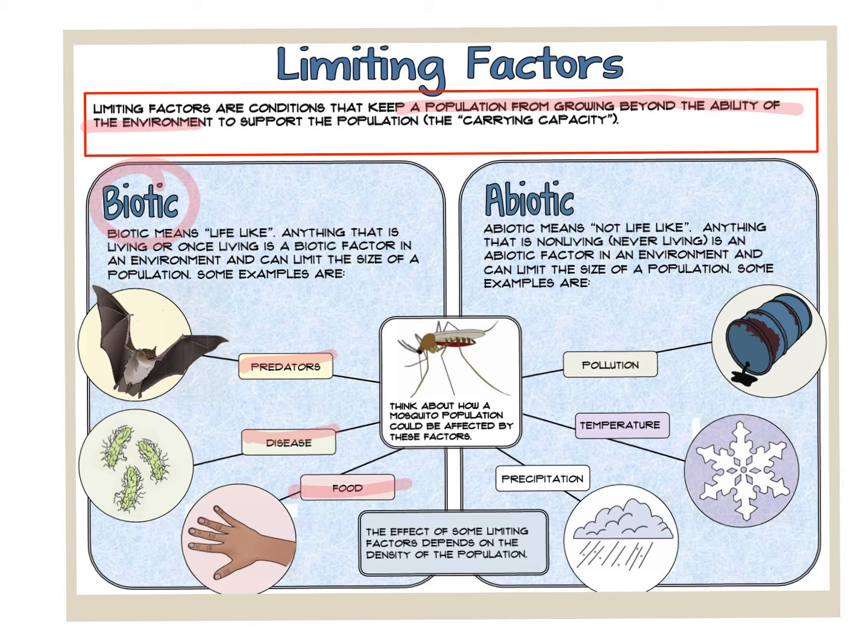These are all limiting factors that would keep a population from growing exponentially. We also have abiotic limiting factors, things like pollution, temperature, precipitation, space would also be an abiotic limiting factor. So in an exponentially growing population, they do not have any limiting factors, which is why they're growing exponentially.